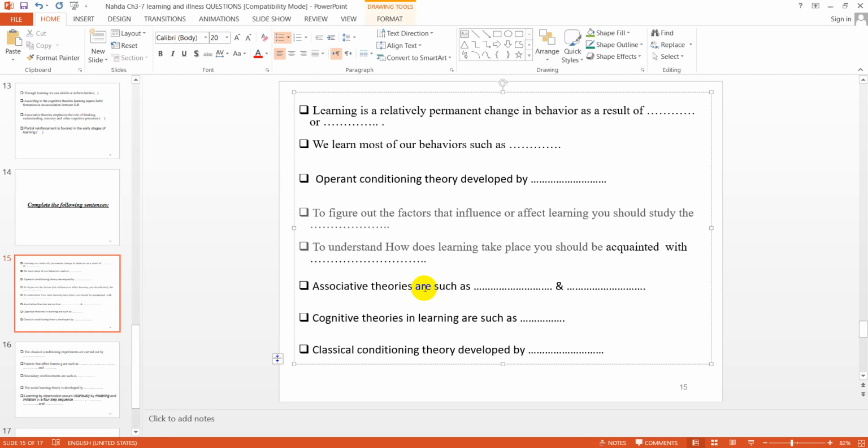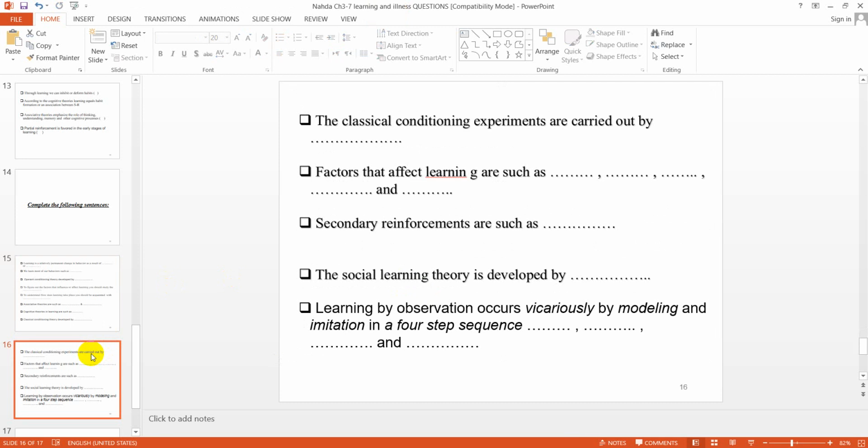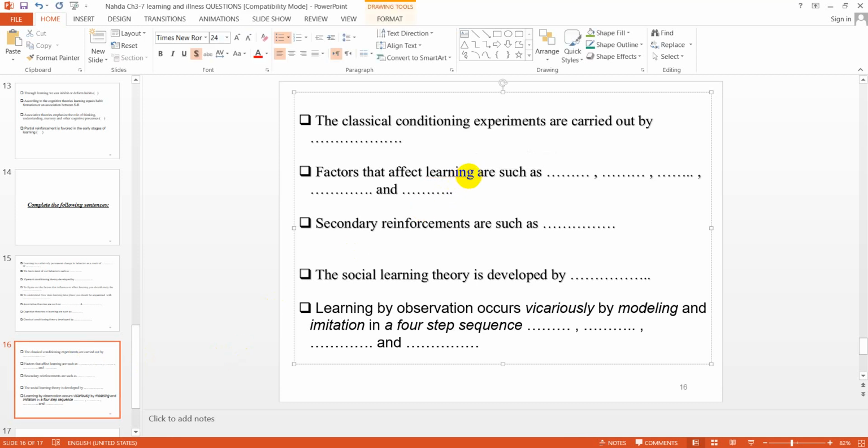and cognitive theories in learning are such as classical conditioning theory developed by the classical conditioning experiments are carried out by factors that affect learning are such as we need 5 factors in this question.